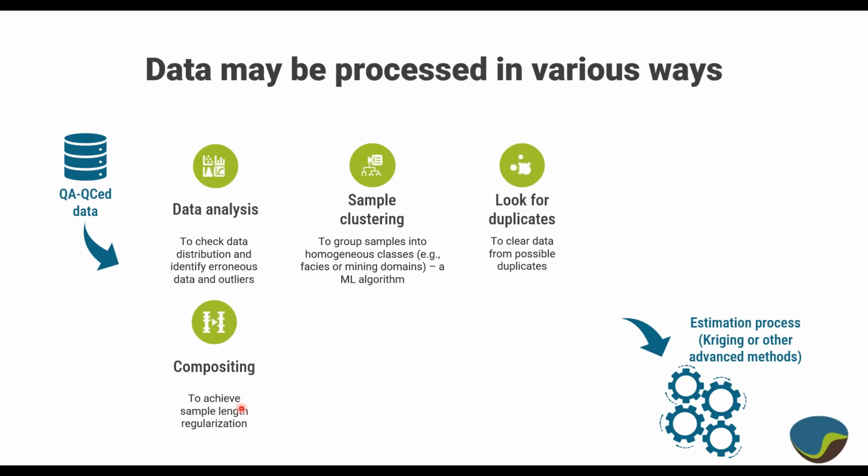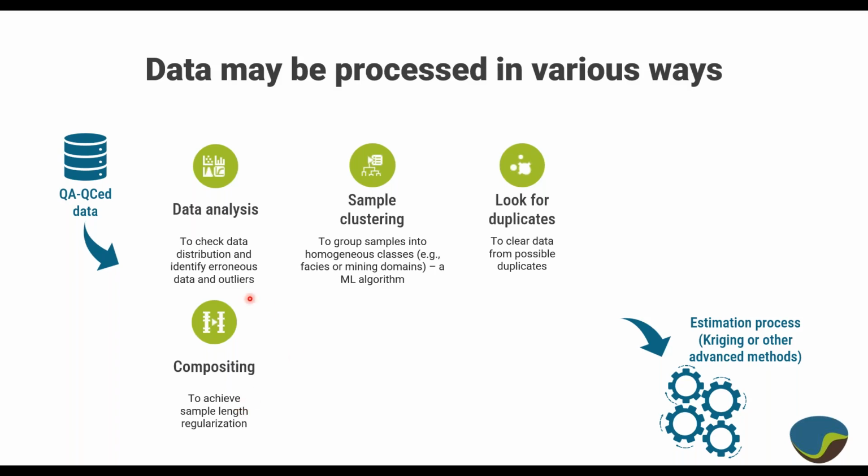And similarly at the estimation stage, when you're running a kriged estimate, it wouldn't make sense to give equal weighting to a sample that's very short and a sample that's on a much larger interval.